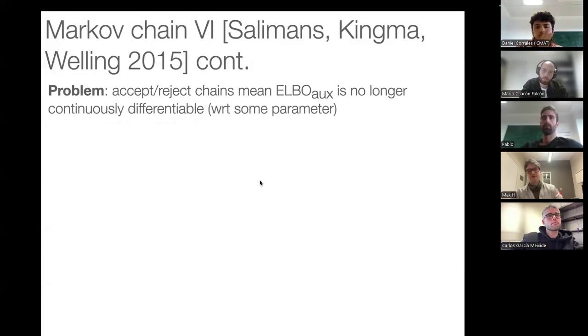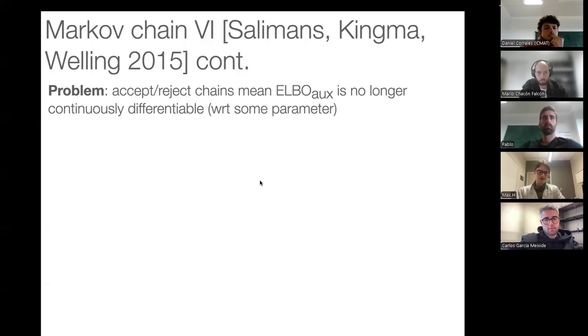Okay, but the authors run into another problem. In our MCMC talk, we were introduced to these chains that propose a point that they intend to move to, and then either accept that point with some probability or reject it with one minus that probability.